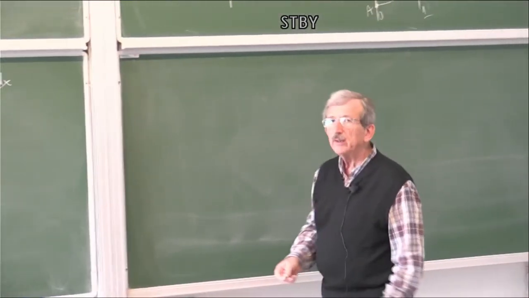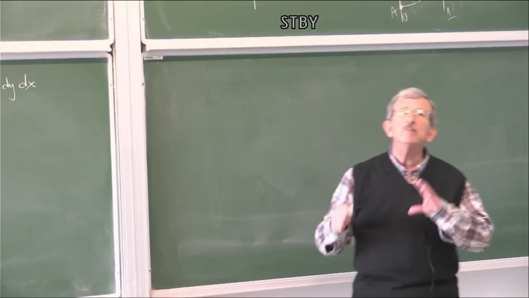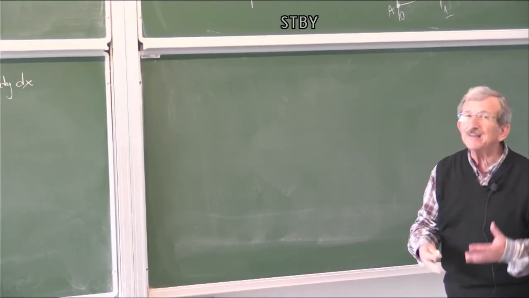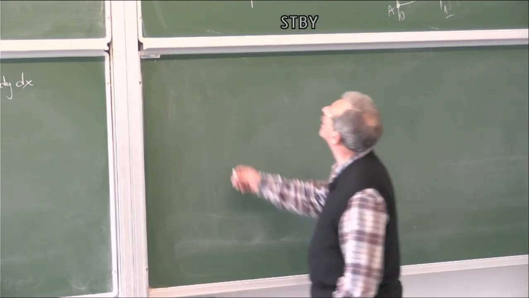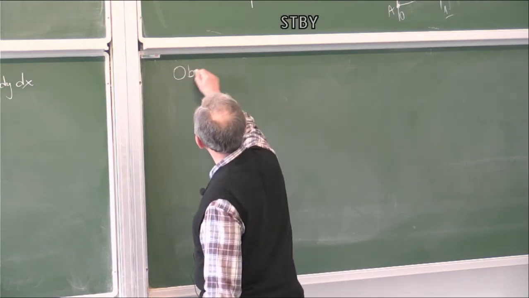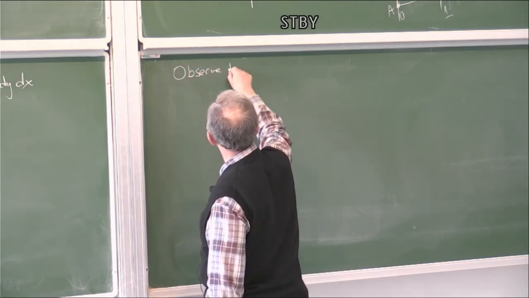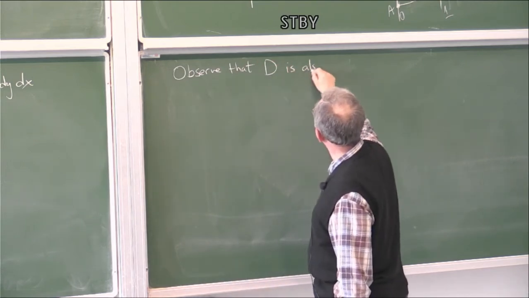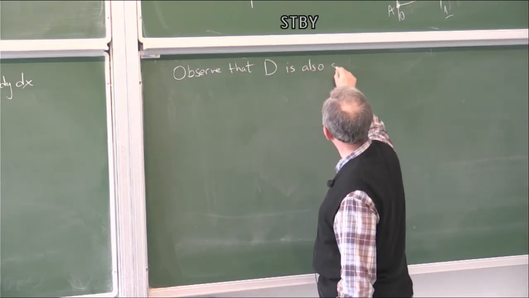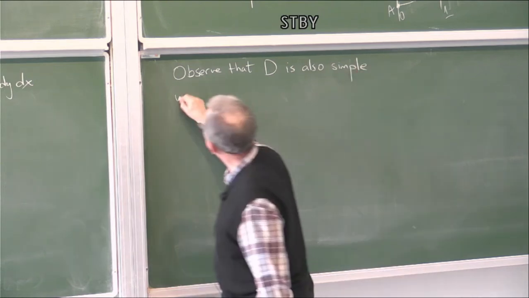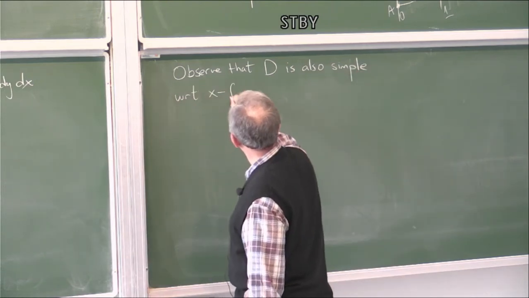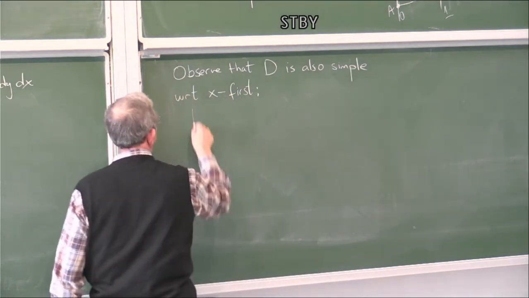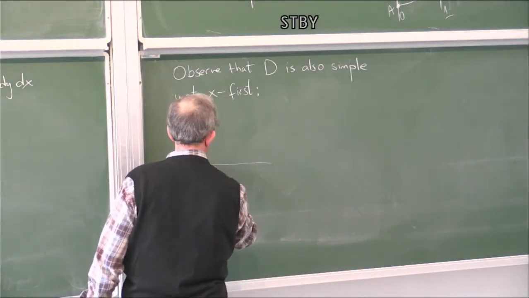Now, let us write the same double integral in terms of x first, if it's a simple region. Well, observe that D is also simple with respect to x first. Namely, we have the following picture then.